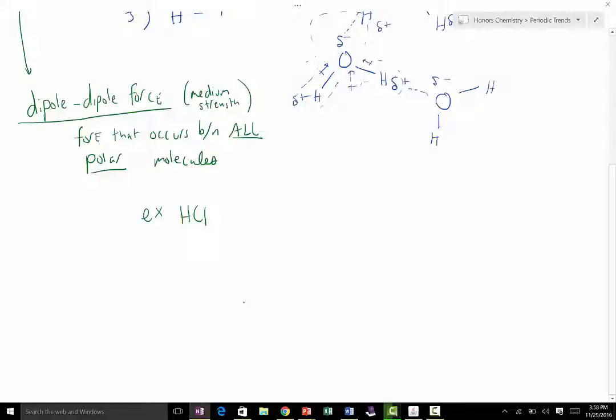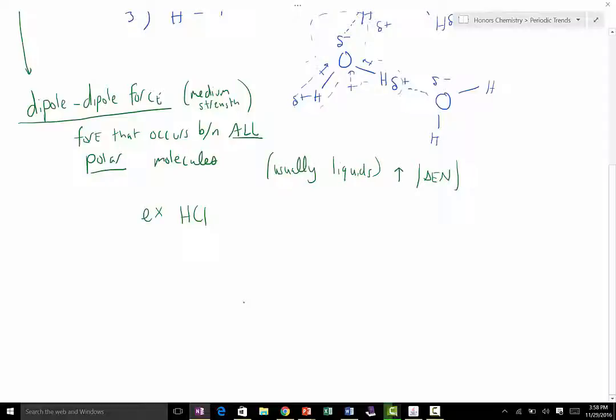Things that exert dipole-dipole forces are usually going to be liquids. There's still going to be a pretty high difference in electronegativity between atoms involved, but not as high as hydrogen bonding.